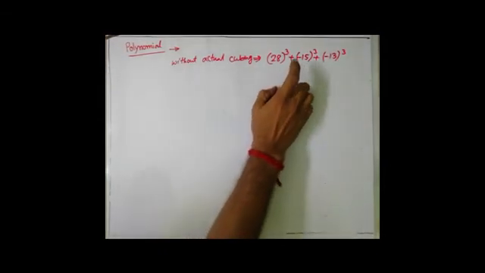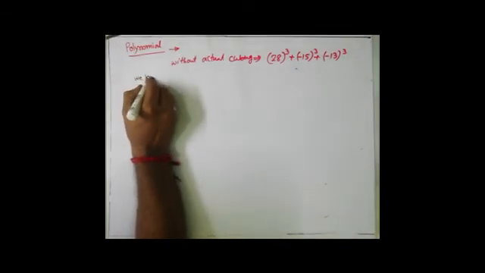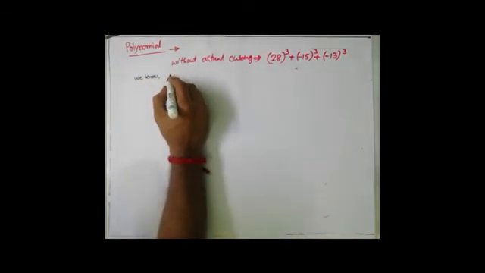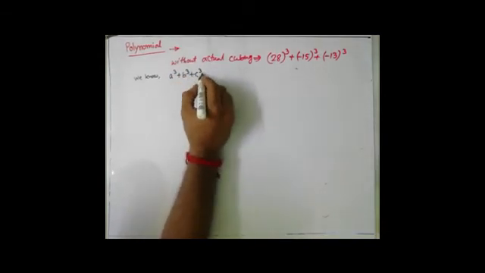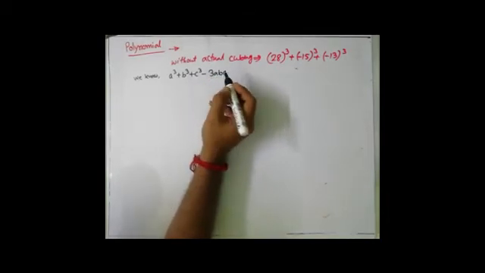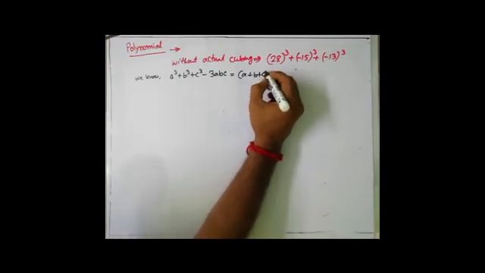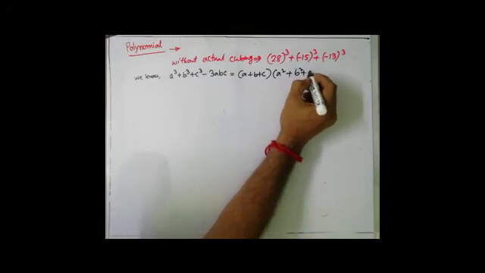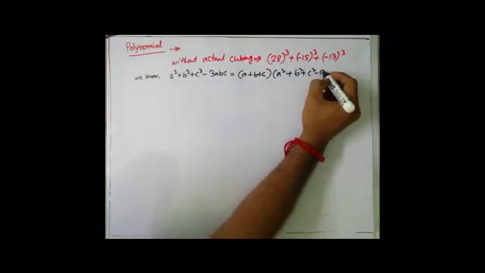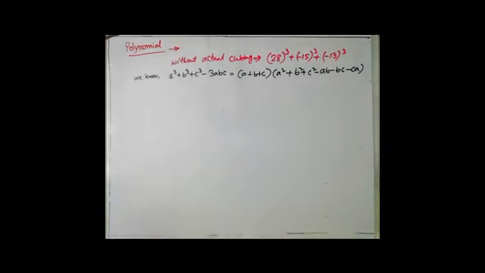Just see, there is a cube plus b cube plus c cube, this kind of format. And we know one formula, I think it will still be remembered by you. a cube plus b cube plus c cube minus 3abc can be written as a plus b plus c times a square plus b square plus c square minus ab minus bc minus ca, isn't it?